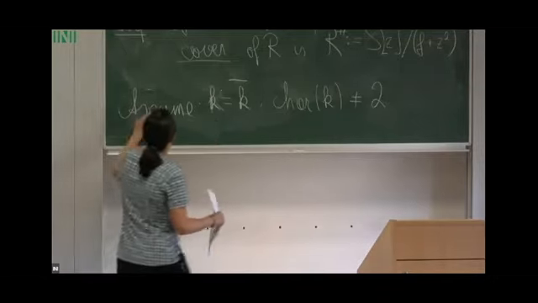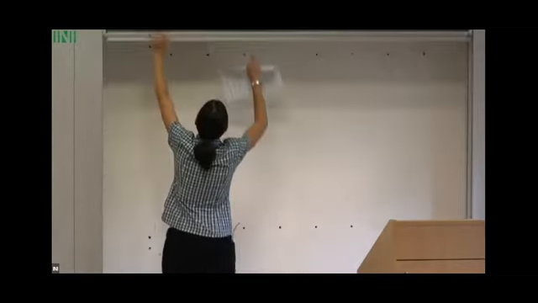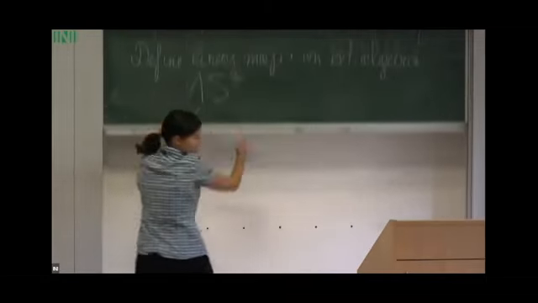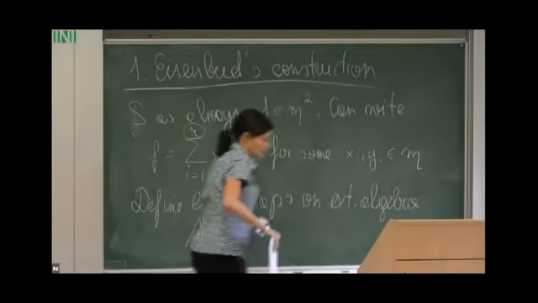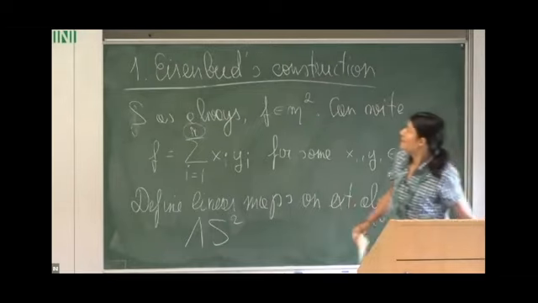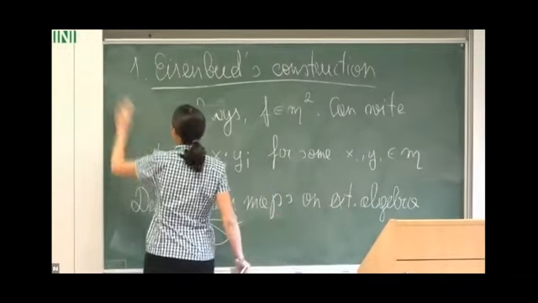Why we need algebraically closed and characteristic not equal to 2 will become more apparent later.